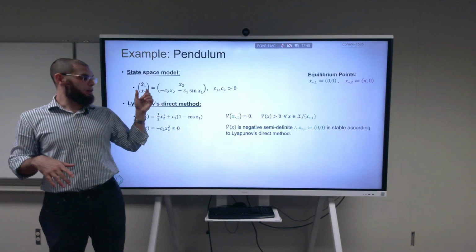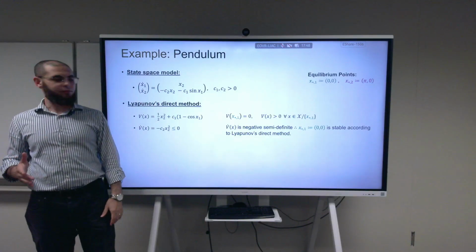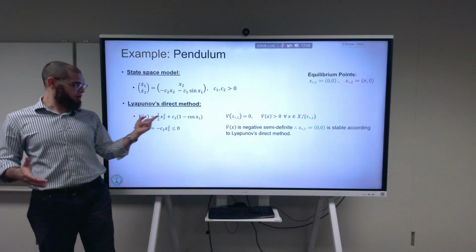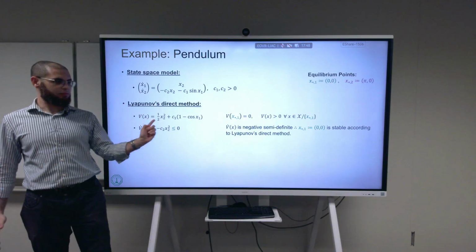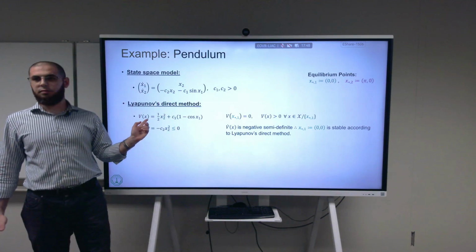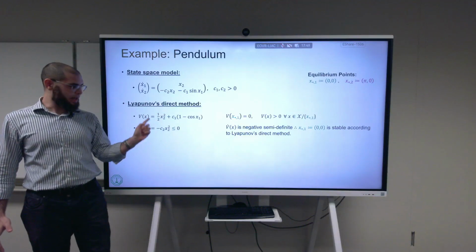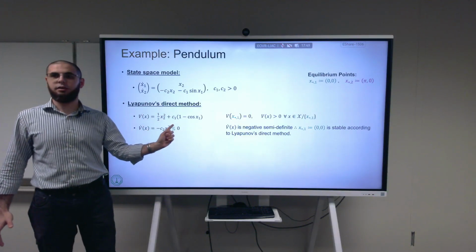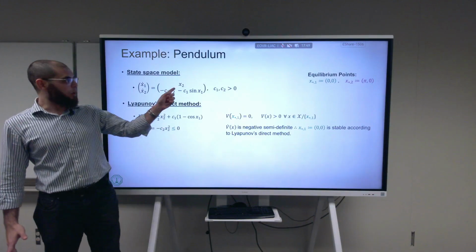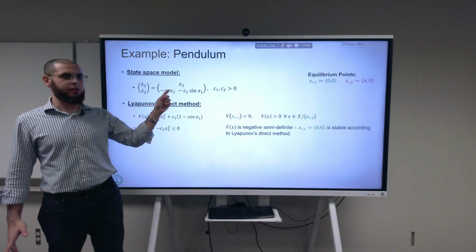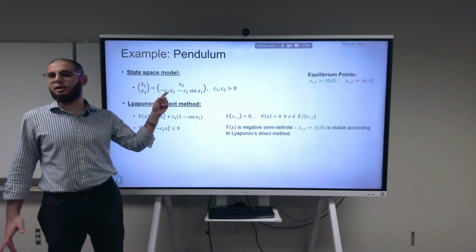What you should have been doing in the assignment, unfortunately, is starting from this Lyapunov function. What does this look like? Kinetic energy, and this is potential energy. Exactly. Just to remind you, the first time I did not introduce C1 and C2 like that.